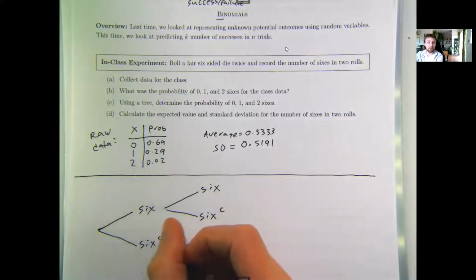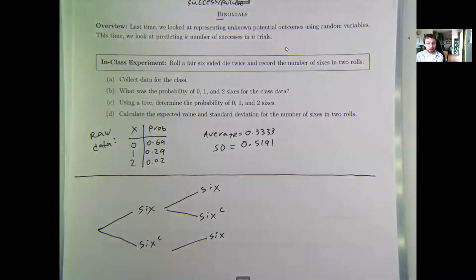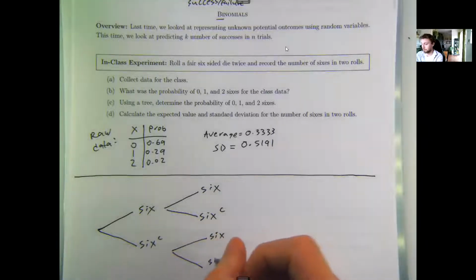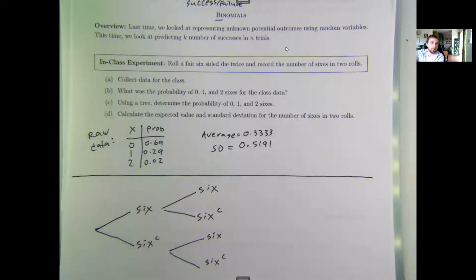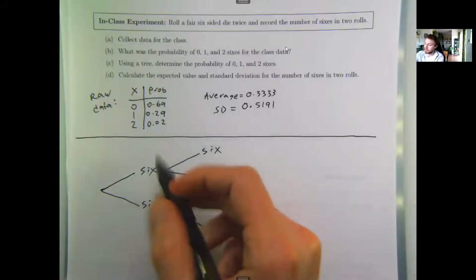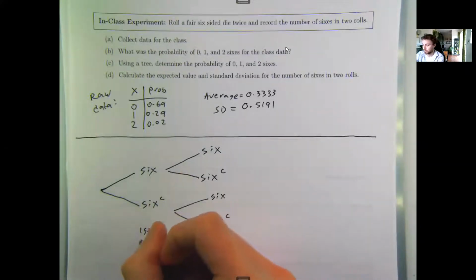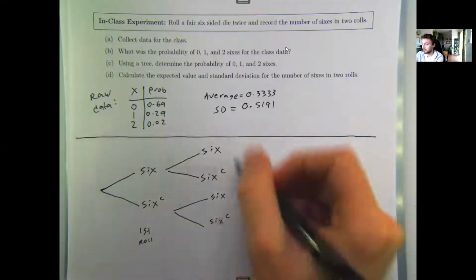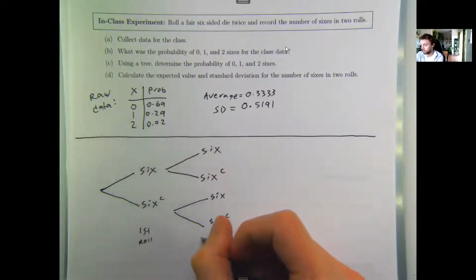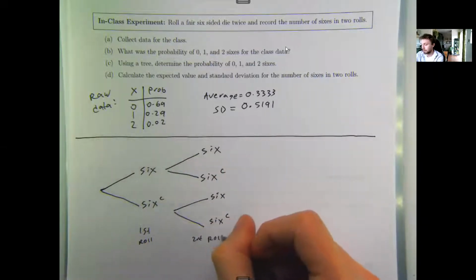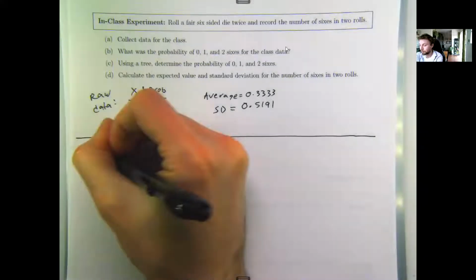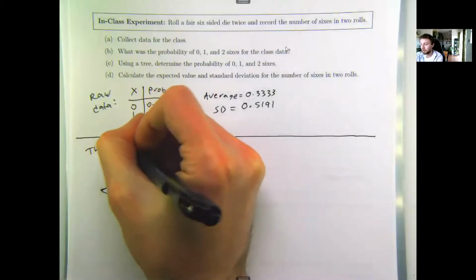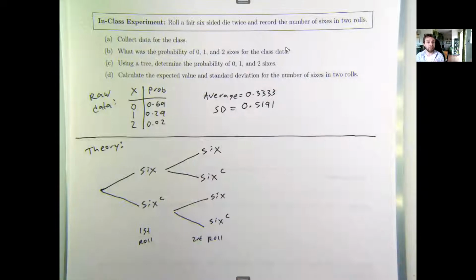I'm using this little C here, complement, to mean not 6. So either 6 or not a 6. This first set represents the first roll. The second set here represents the second roll. And this is the theory for what should happen. Doesn't mean it's going to line up perfectly, but we might see that some things are close.